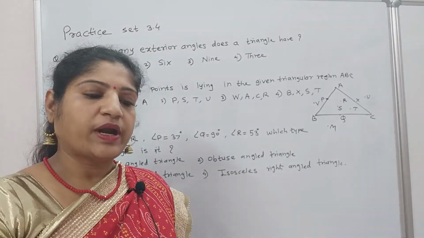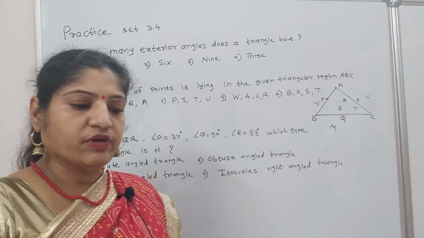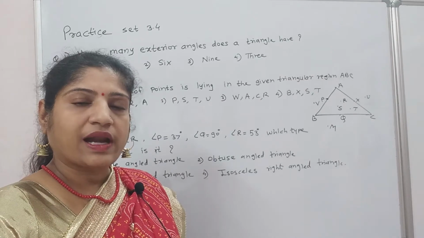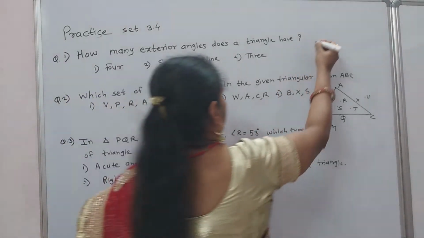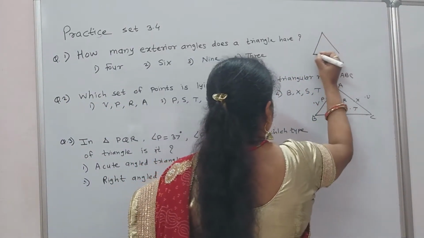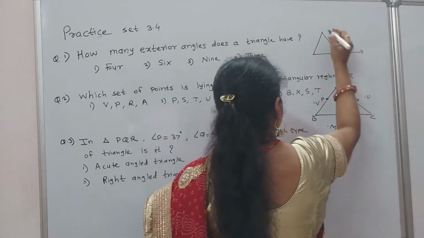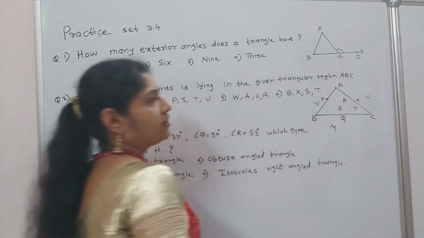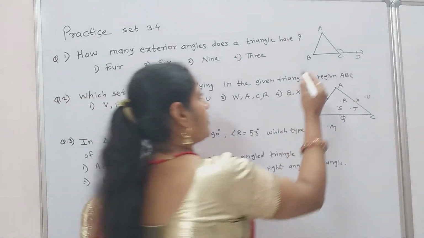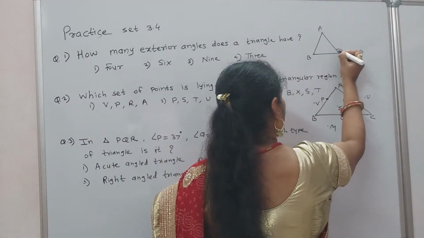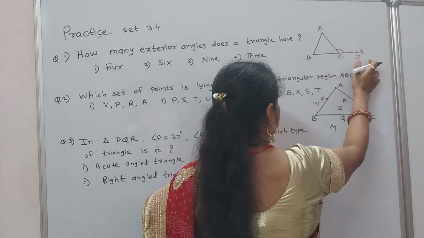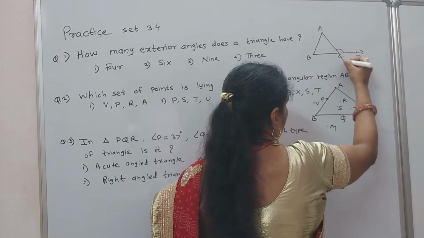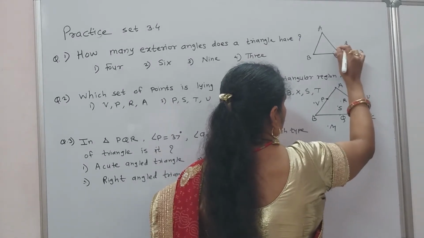Now practice set 3.4, question number 1. How many exterior angles does a triangle have? Look at the picture. This is the exterior angle. What is meant by an exterior angle? The angle which makes a linear pair with the interior angle is called the exterior angle. Here is one angle. Now this is also making a linear pair.